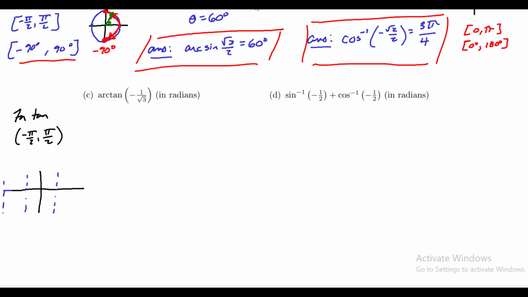which has these infinitely many vertical asymptotes, and it's pi periodic, it repeats itself every pi. This graph is not one-to-one. So we can't find the inverse of tangent of x.